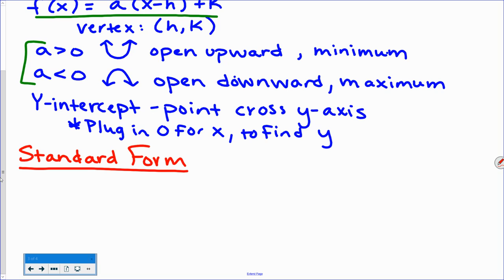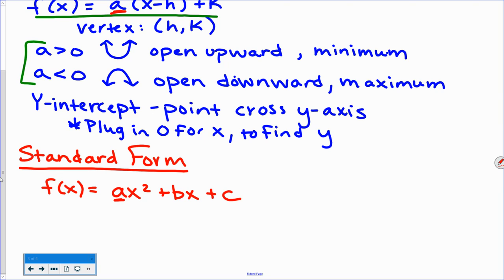So standard form, once again, you can write it as f of x or y equals, that just represents your output, is ax squared plus bx plus c. If you notice, they both have an a. So a means the same thing in both.